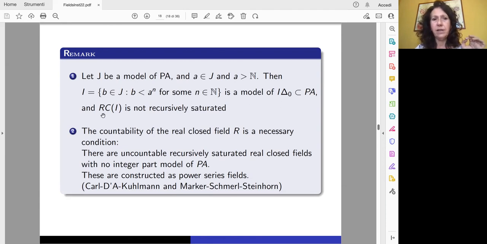And clearly you can construct a recursive type which is not realized in it. So this is an example of a model of I delta 0 whose real closure is not recursively saturated. And the countability of the real closed field is necessary.